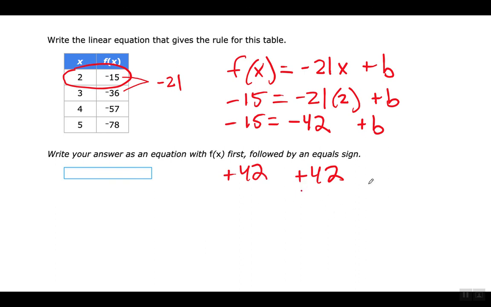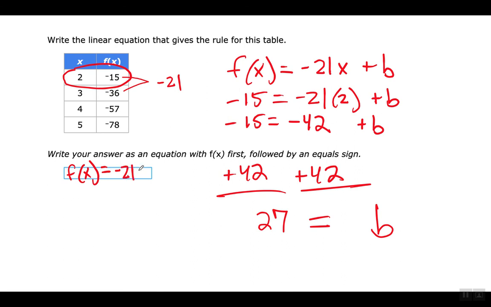All right, so b is going to equal, this is the same as 42 minus 15. 42 minus 10 is 32, and 32 minus 5 more is 27. So b equals 27. So f of x is going to equal negative 21x plus 27.